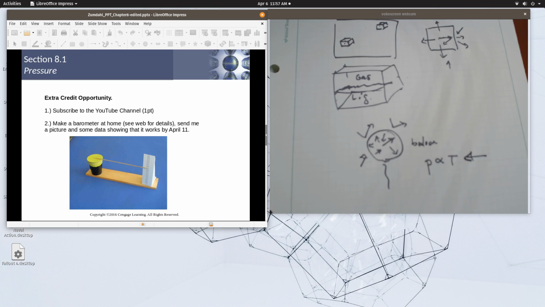Second of all, I'm going to give you a challenge to make a barometer at home, and there's a picture that I put down here in the PowerPoint slide of one way to do this. There are many, many ways of doing this. This is simply a cup, a board, a balloon, maybe a chopstick or some sort of skewer, and a card that's graduated. You could put a ruler here if you wish, and just measure over the course of a week or so how this rod goes up and down.